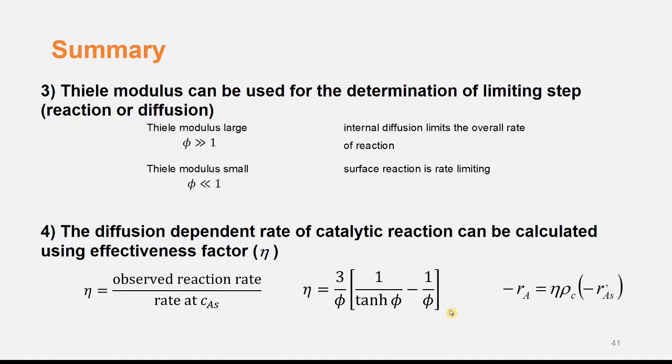If you calculate the Thiele modulus, then you can get the effectiveness factor from this expression and therefore calculate the overall rate of reaction from the reaction rate at the surface concentration. The overall rate is the surface rate multiplied by the effectiveness factor.